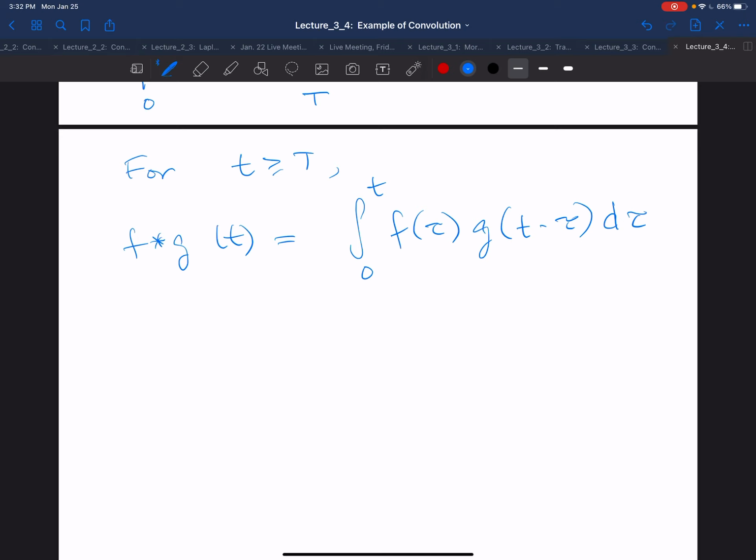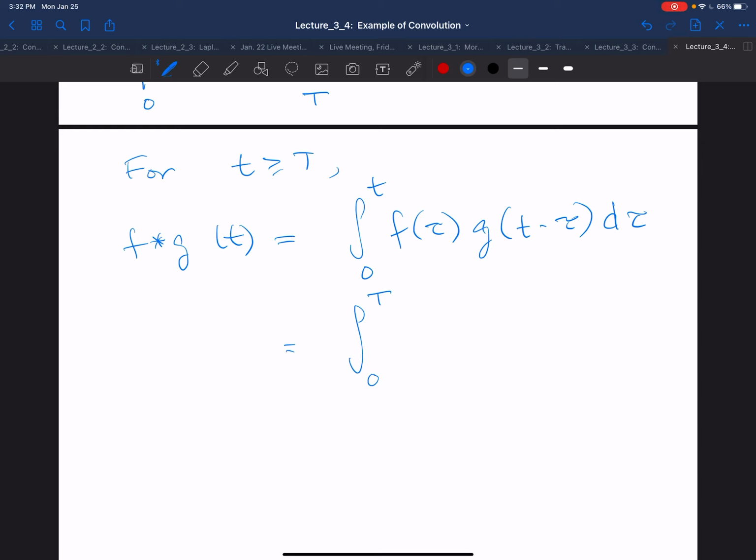Well, given that little t is greater than or equal to big T, and f is 1 only for values of its argument that lie between 0 and big T, f is going to become 0 as soon as tau gets greater than big T. So in fact, we might as well just integrate with respect to tau from 0 to big T.